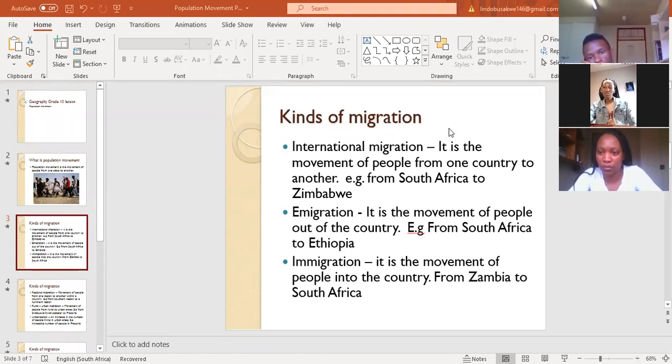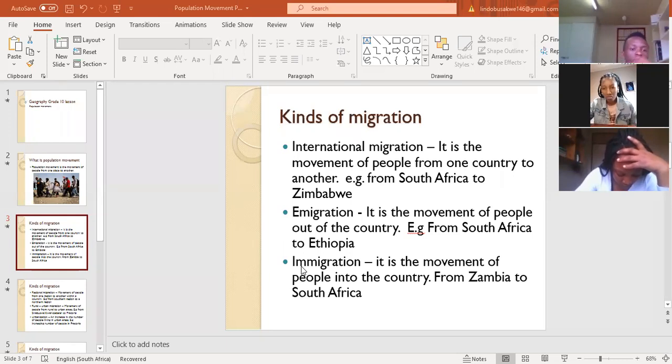The second core concept of migration is emigration. Emigration is the movement of people out of the country. And we also have immigration, which is the opposite of emigration. It is the movement of people into the country.